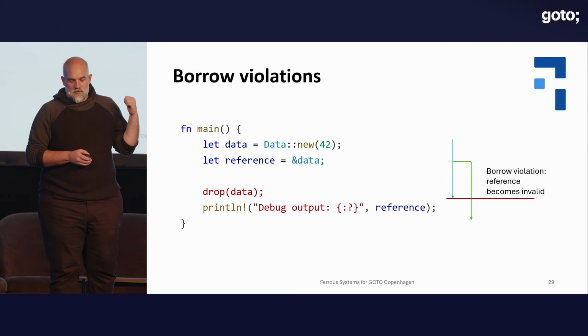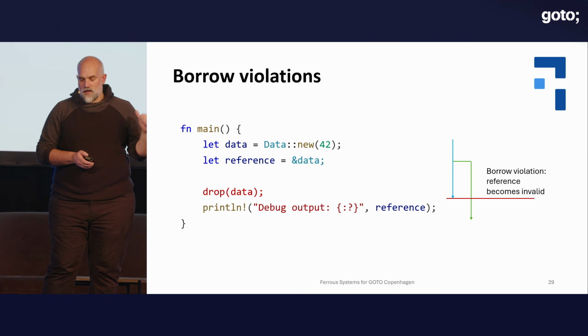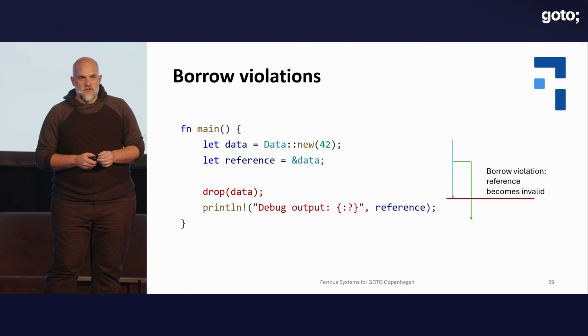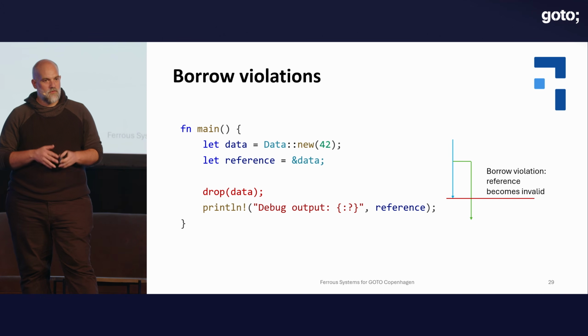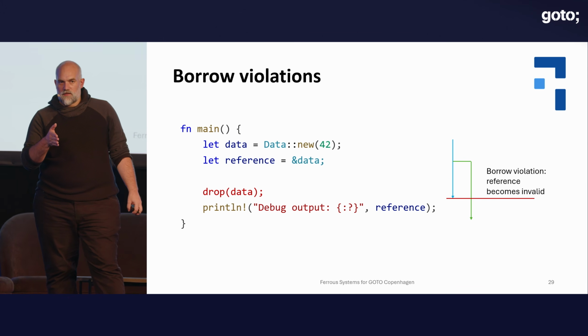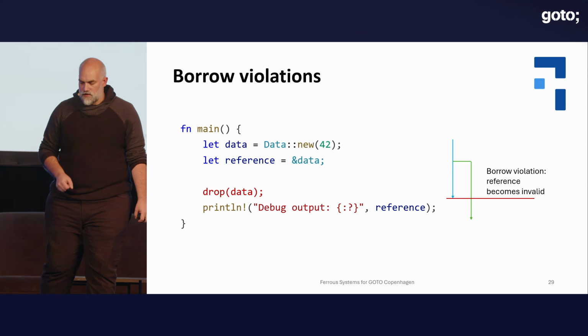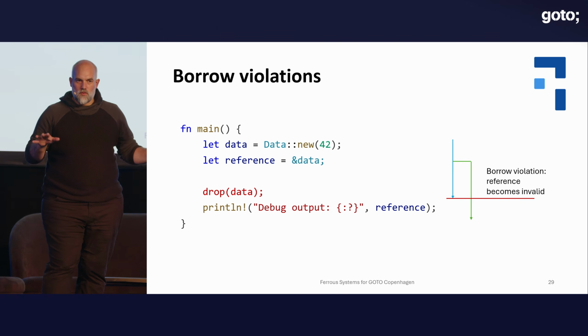I would like to print it out, so I have this println debug output. And I've forcibly removed data from the program. Rust has a function called drop, which forces, like drop is usually implicit. If you want to have it explicit, you just call the drop function on data, which forces ownership to go away in that moment.